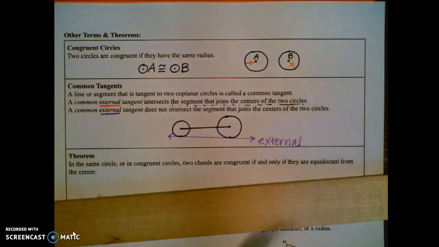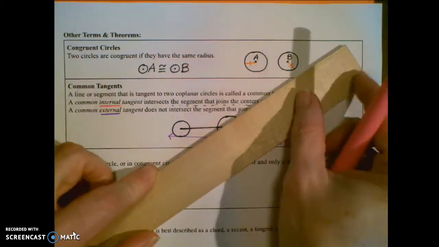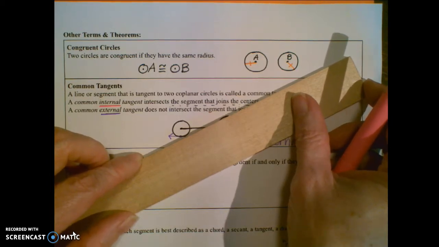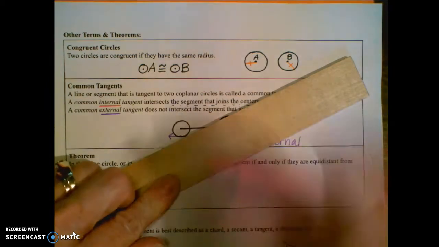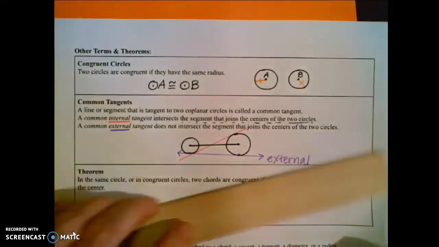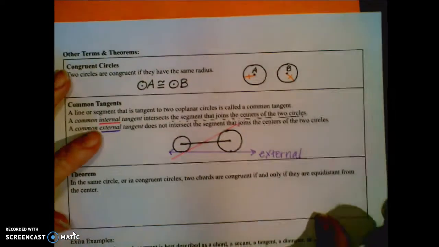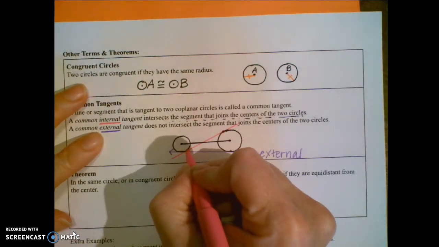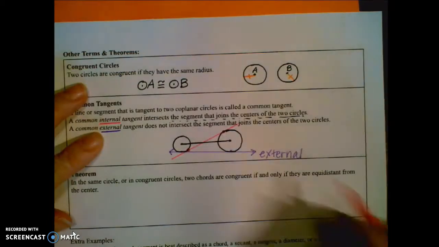Now the second type of tangent I mentioned was one where it went kind of diagonally between the two circles, where we touch each circle in exactly one point, like so. Sorry, the ruler got stuck to the paper. So we have one point of intersection here on the larger circle and a point of intersection there on the smaller circle.